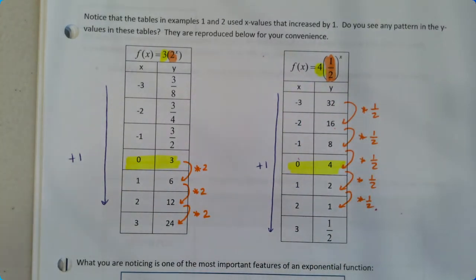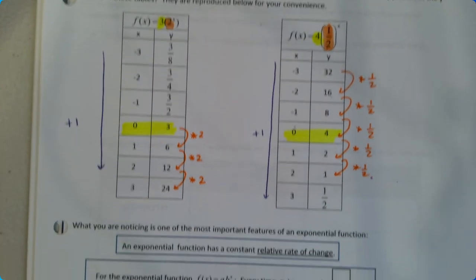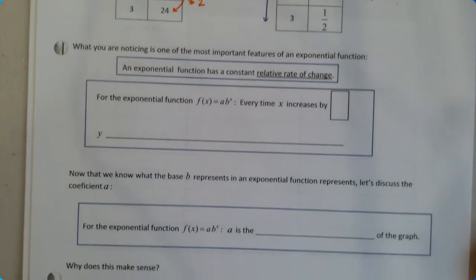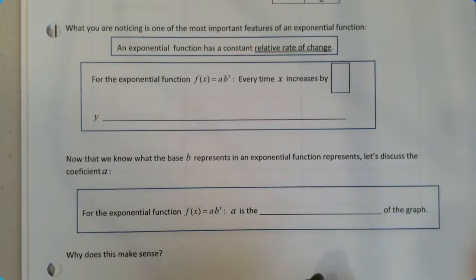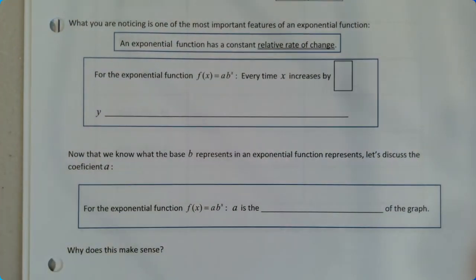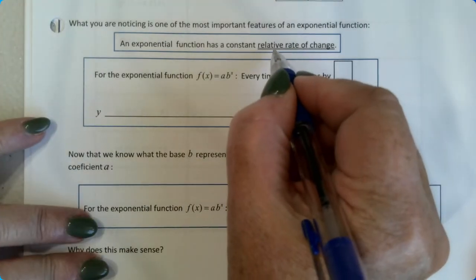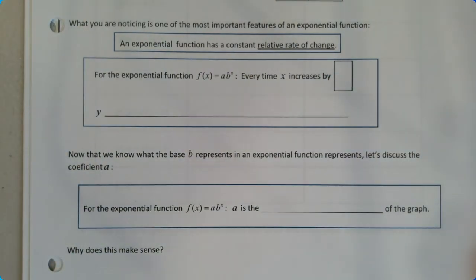All right, we're ready to make this formal now. What we're noticing here is actually one of the very most important features of an exponential function. We say that an exponential function has a constant relative rate of change. Back when we were talking about linear functions, I mentioned that we called that the absolute rate of change.